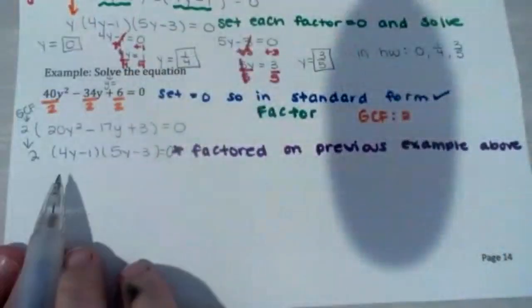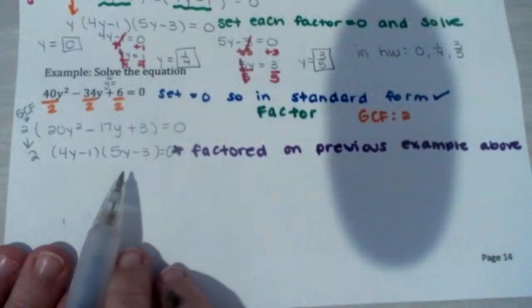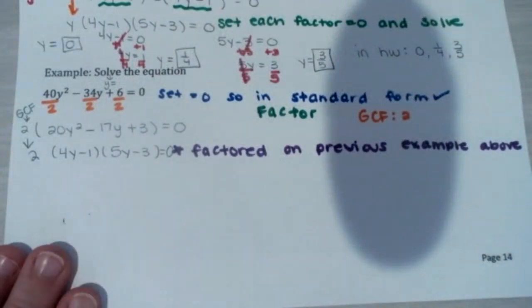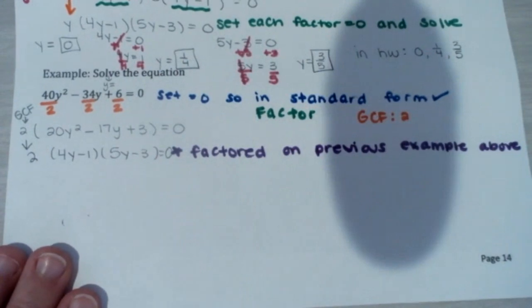And now, bringing down this 2, don't forget to bring down that 2, equals 0. So we have 2 times 4y minus 1 times 5y minus 3 equals 0. Now we can set each factor equal to 0 and solve.